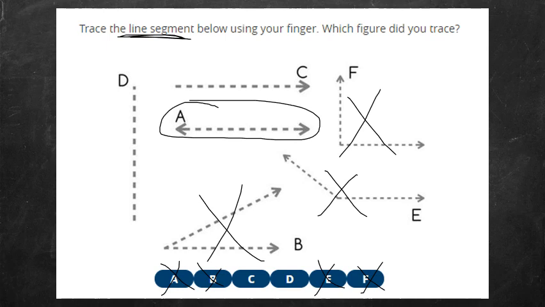So I would not use C. The only thing I'm left with is D. D is a line segment. Even though it doesn't have endpoints, I would assume that there's an endpoint here and an endpoint there because it does not have any arrows. So answer D would be the correct answer.